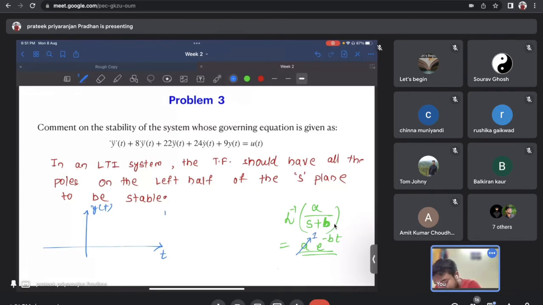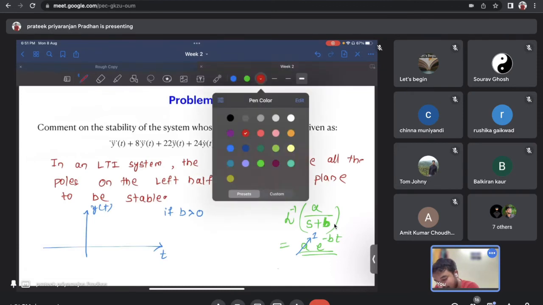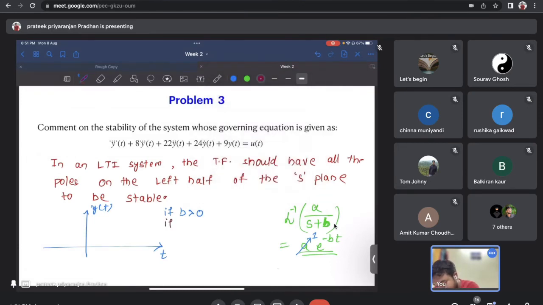If B is positive, and in some other color, if B is negative, what happens? If B is positive, then the plot will be coming down like this. And if B is negative, then the plot will be going up like this.